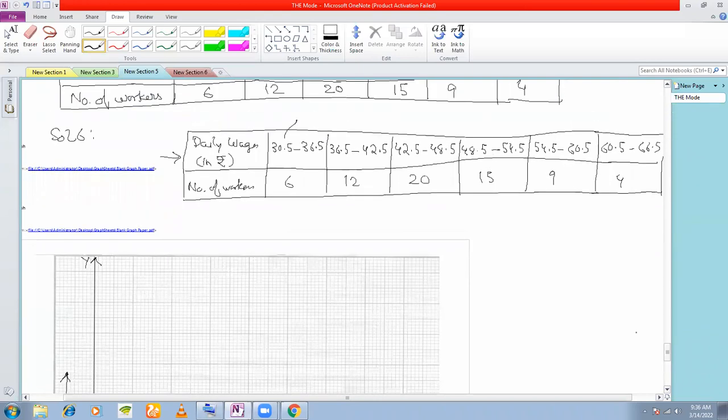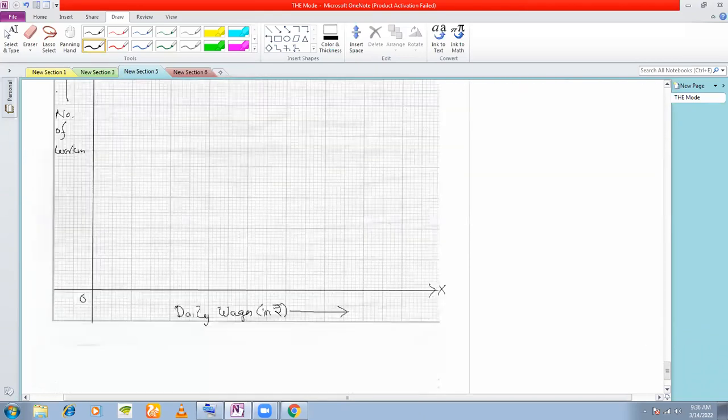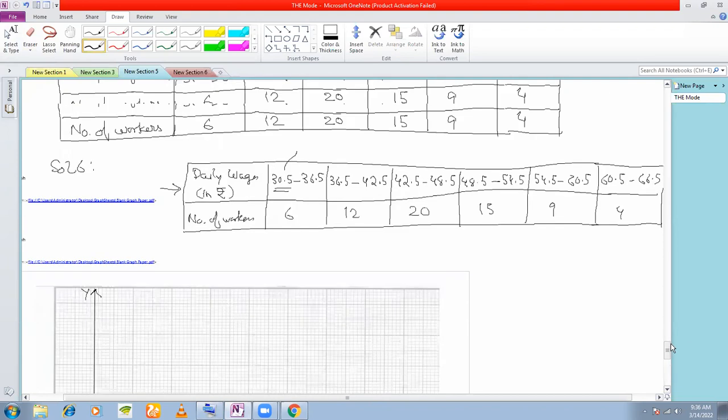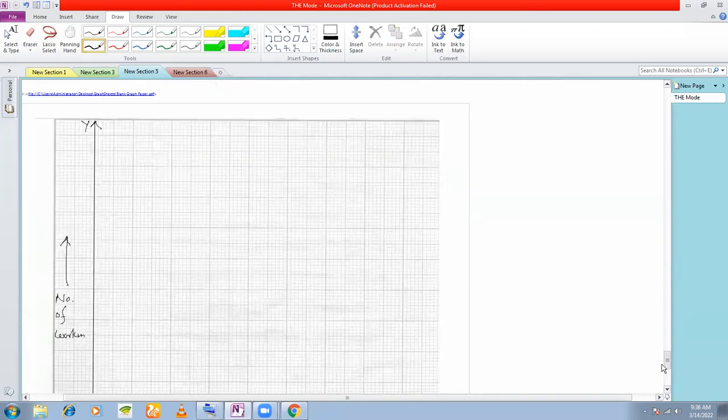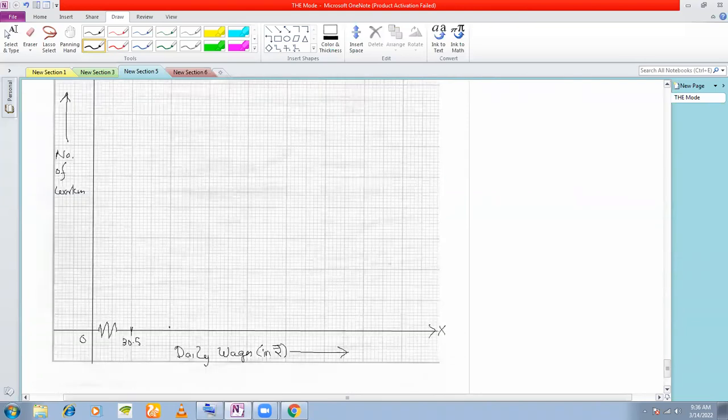And so because it starts from 30.5, what you are going to do here is you are going to give a zigzag line here because it does not start from 0. You'll give a zigzag line here as if a continuation line, and you are going to write 30.5. So you are going to start from 30.5. And what is the upper class boundary? 36.5. So you write here 36.5.